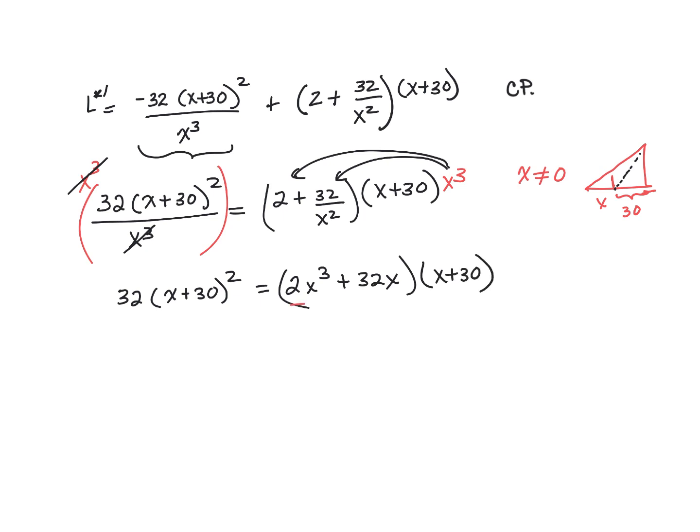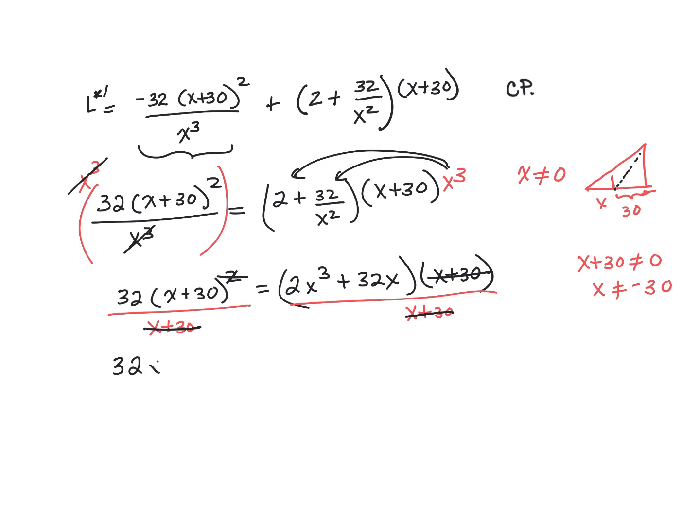I also can divide by x plus 30 because I know x plus 30 cannot equal 0, because x cannot be negative 30. X can't be a negative number. When I look at this now, one of these is going to cancel, and this is going to cancel. So we have 32x plus 960 equals 2x cubed plus 32x.